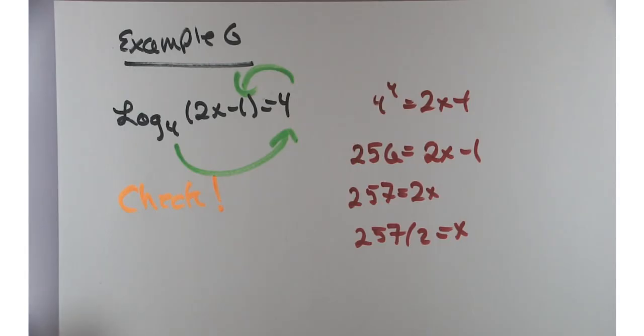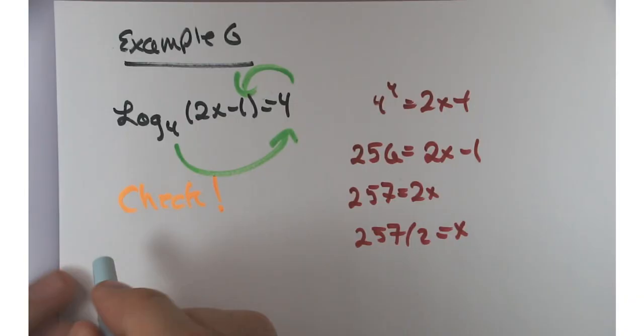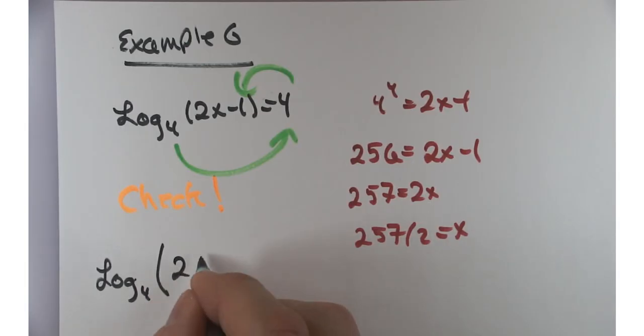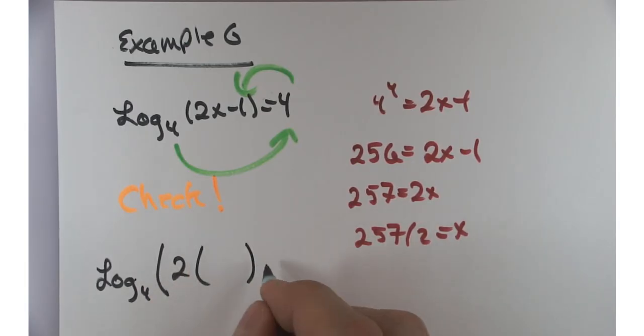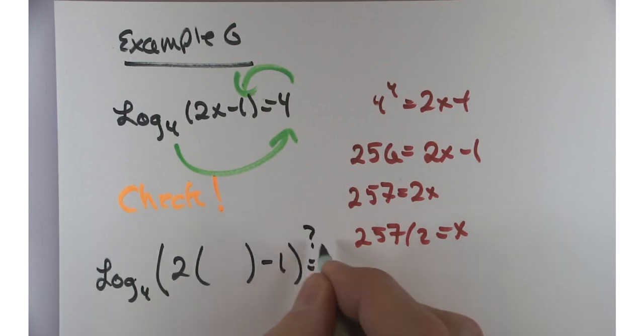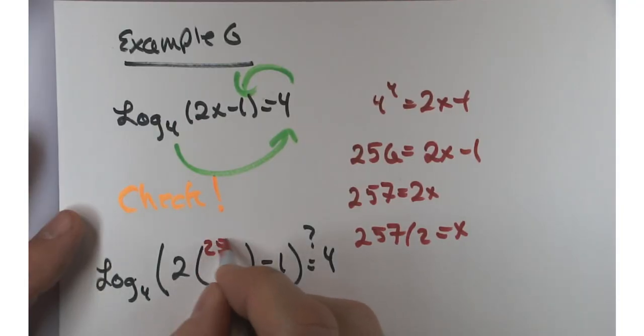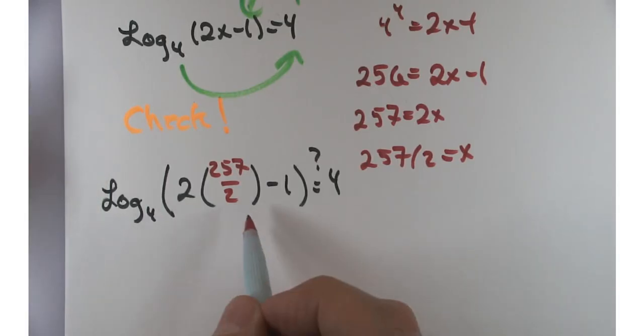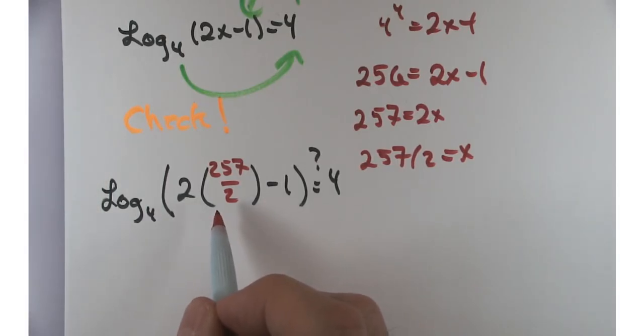If I plugged it in, log base 4 of 2 times 257 divided by 2 minus 1. Now, I guess there's a couple different levels in which you have to check it. The big thing you got to make sure is that when you take the logarithm of your answer, you don't get a negative number.